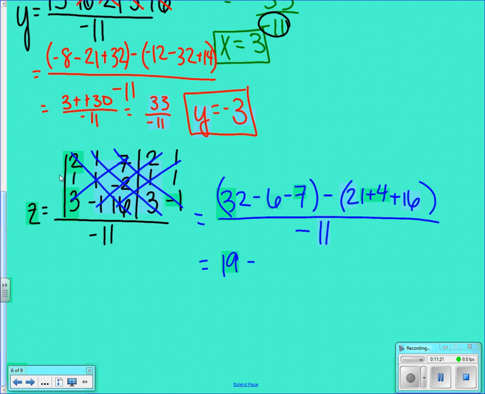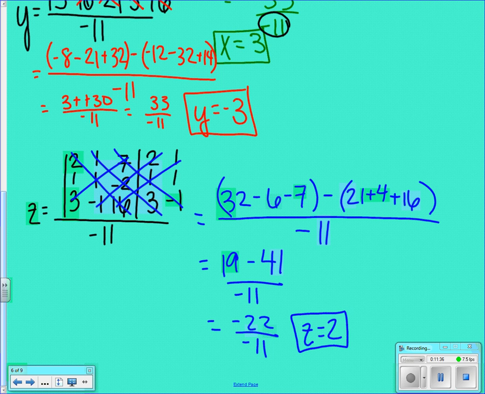And then 21 plus 4 plus 16 gives you 41. So if you do 19 minus 41, you get negative 22 over negative 11. Our z value would be 2. And so that would be your x, your y, and your z value. Okay? So that's how you use Cramer's rule on a 3 by 3.